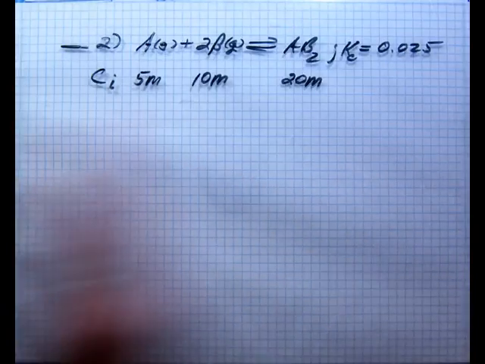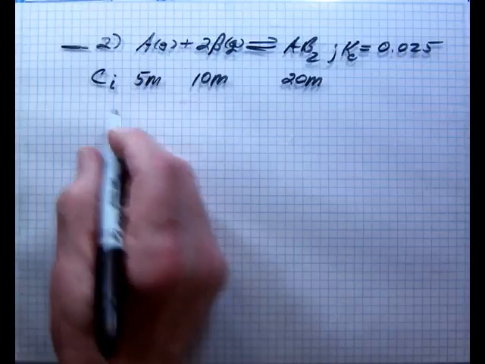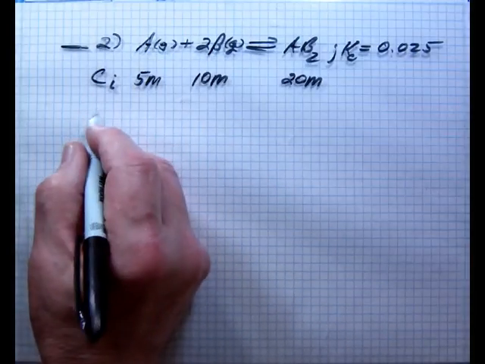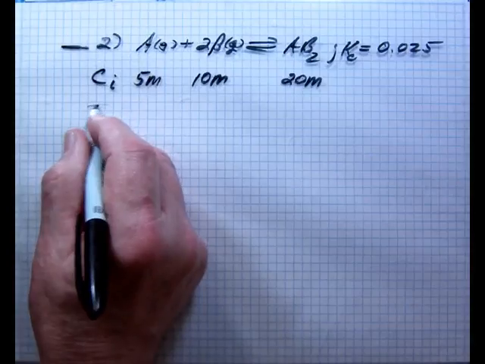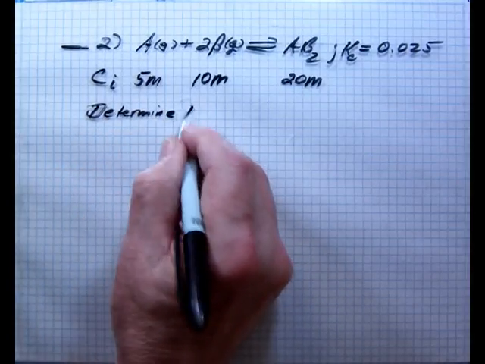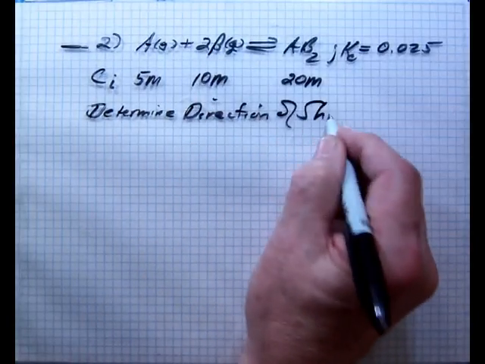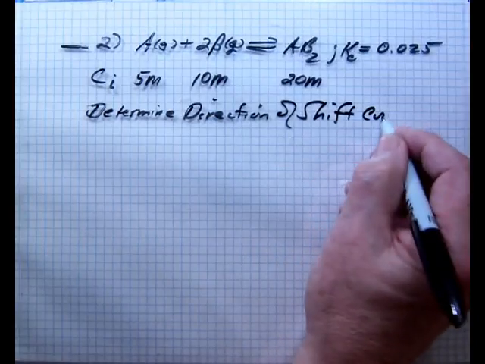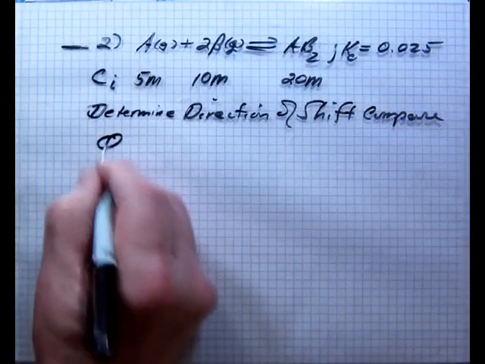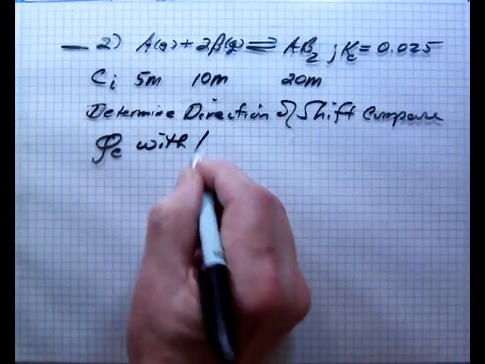Okay, we want to know if it's going to shift right or shift left, or what it will do in order to reach equilibrium. So given data like this, to determine the direction of shift, compare Qc with Kc.